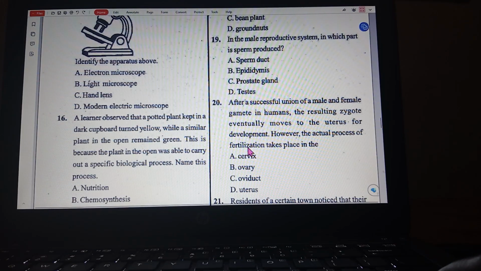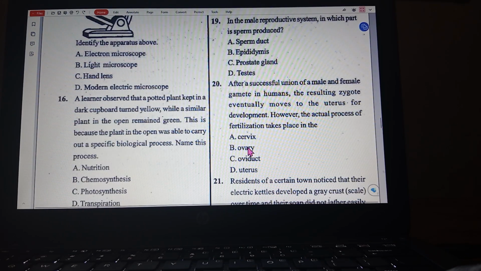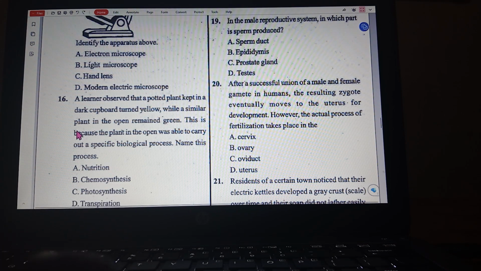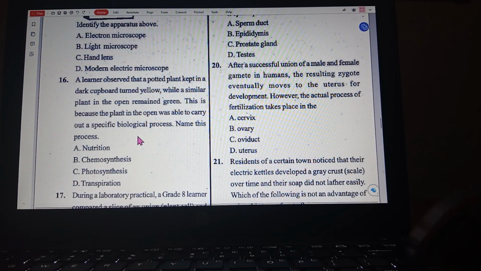I want us to do section A, then probably if we get time, we will look at section B. Let's talk about question 16.